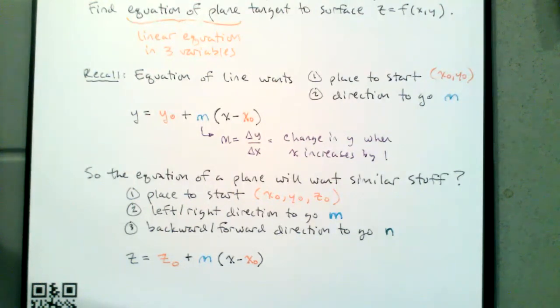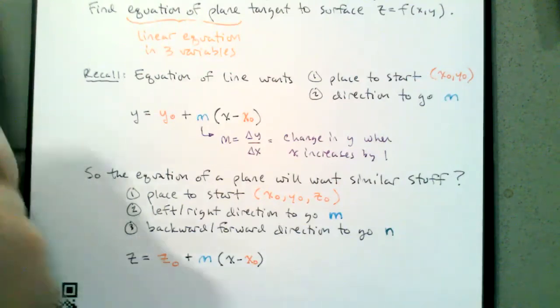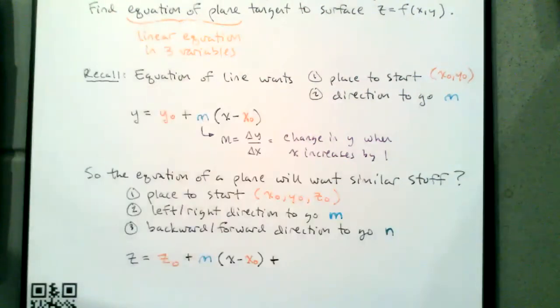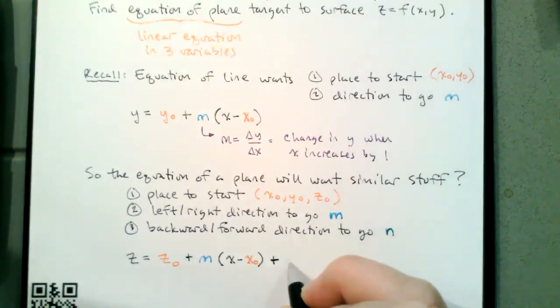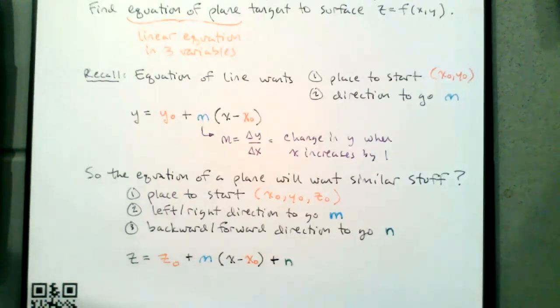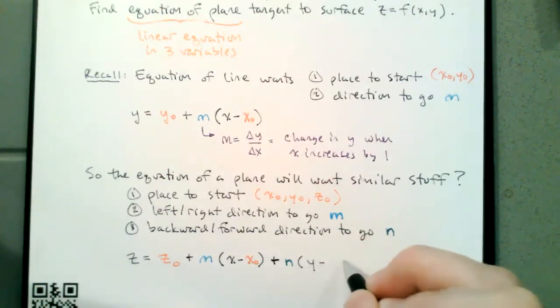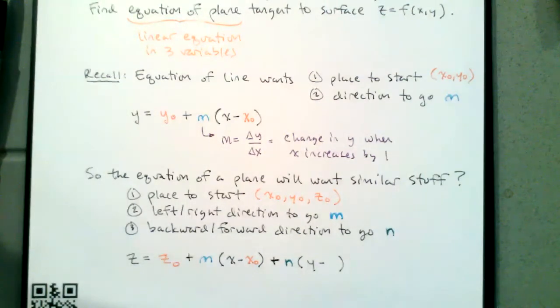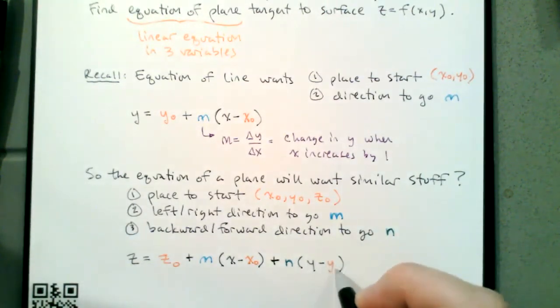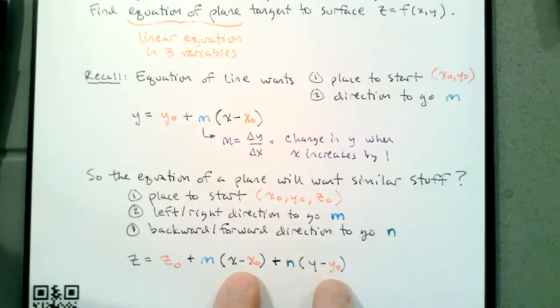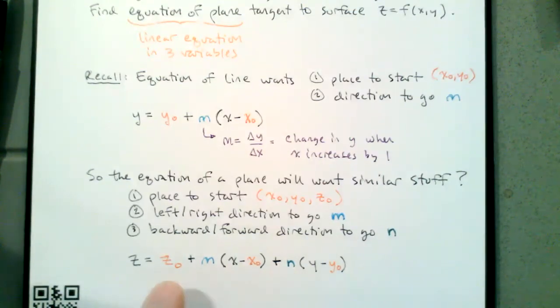So now we'll need to add n in the forward-backward direction. So now at the point x naught and y naught, we have added m and n 0 times to z naught.